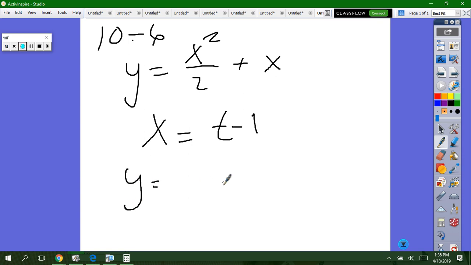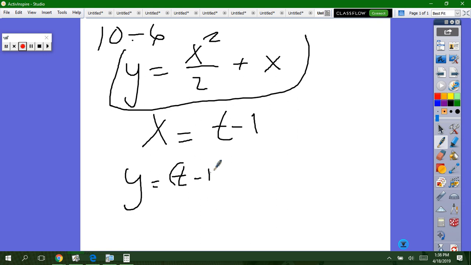I could see how you got that, but notice, look back up here. Wouldn't it be t minus 1 squared over 2 plus t minus 1? You guys agree?